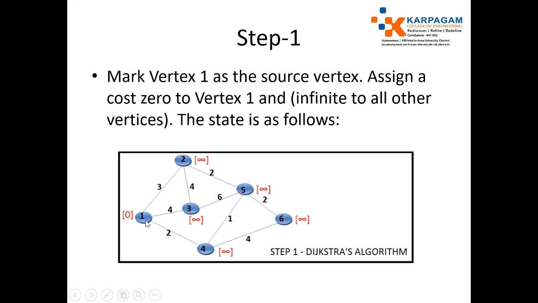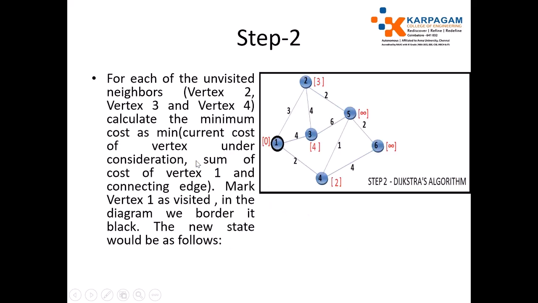For 1 to 2 we already have a cost of infinity, now it is compared with 3. 3 has less value when compared to infinity, so we change it. Similarly, here infinity is replaced with 4, and here also the infinity is replaced with 2.